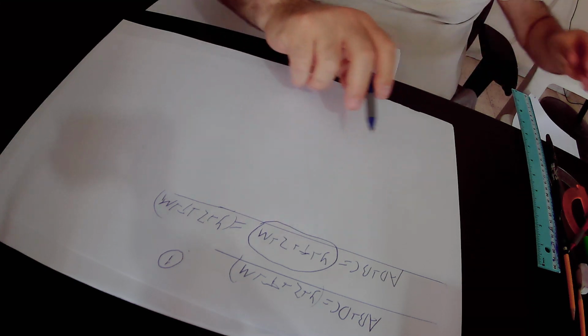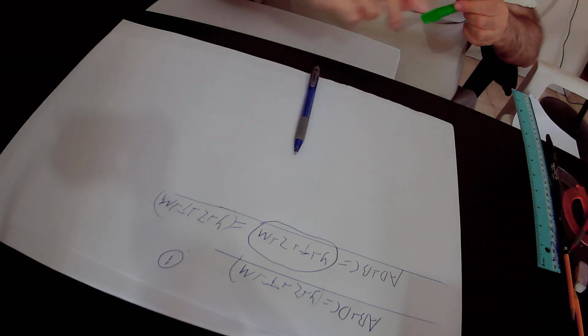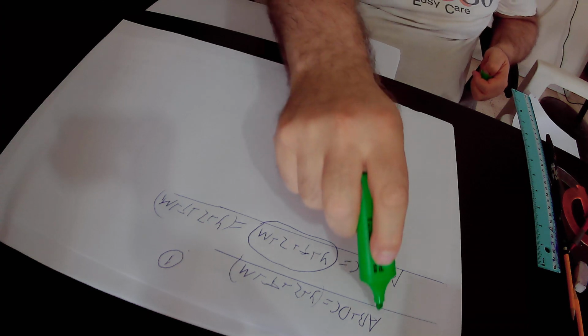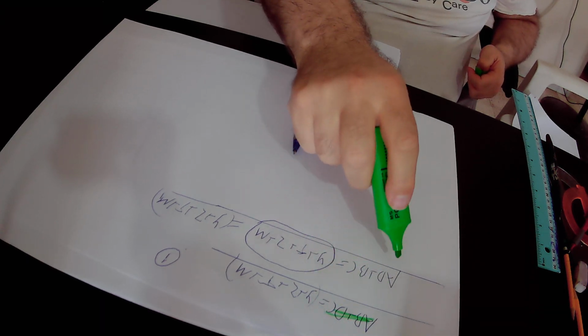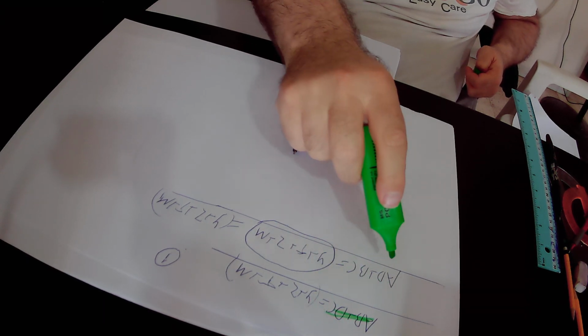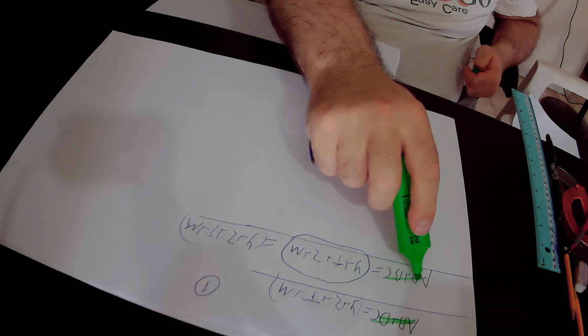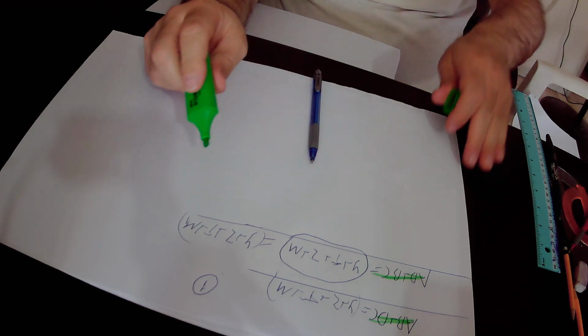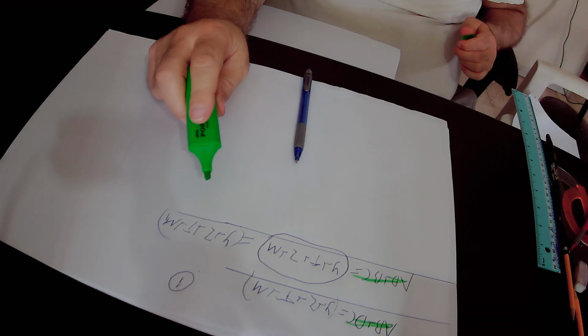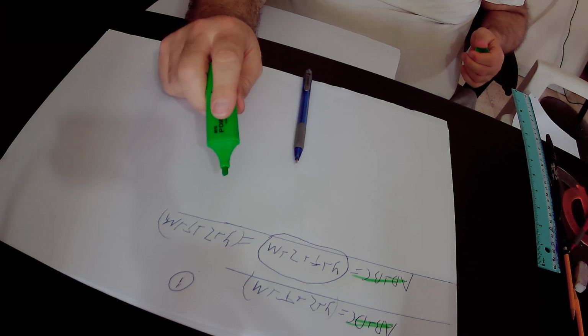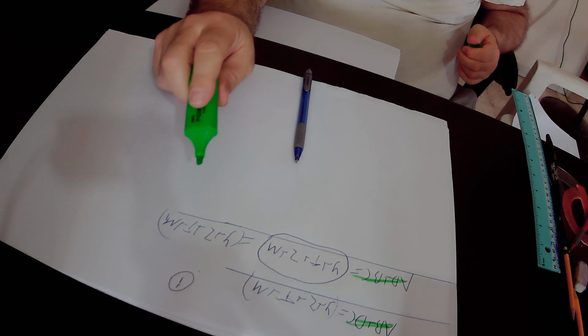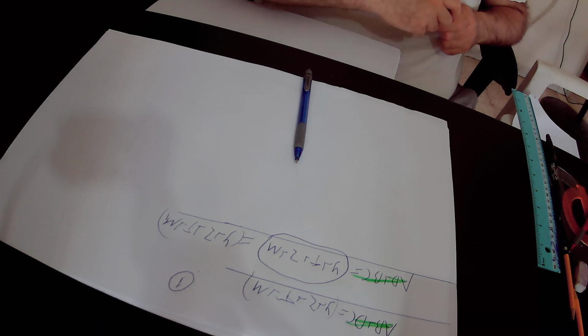So those two expressions, AB plus DC and AD plus BC, are both equal to the same third expression, that is to say to Y plus Z plus T plus M, and therefore they are equal to each other.